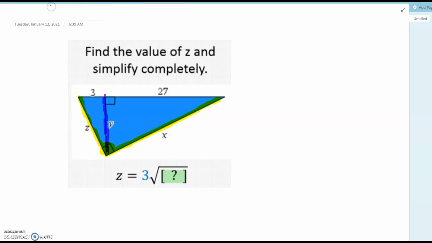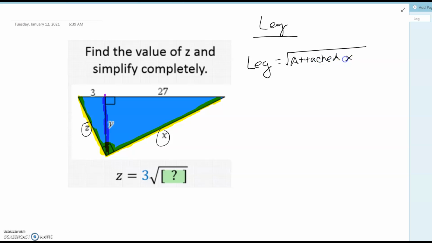So if I want to deal with a leg, which would be z or x, for the leg, it's going to be leg equals the square root of attached times whole.